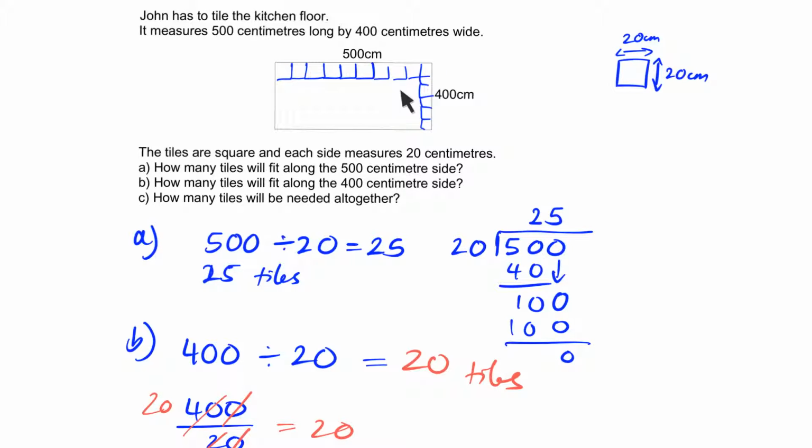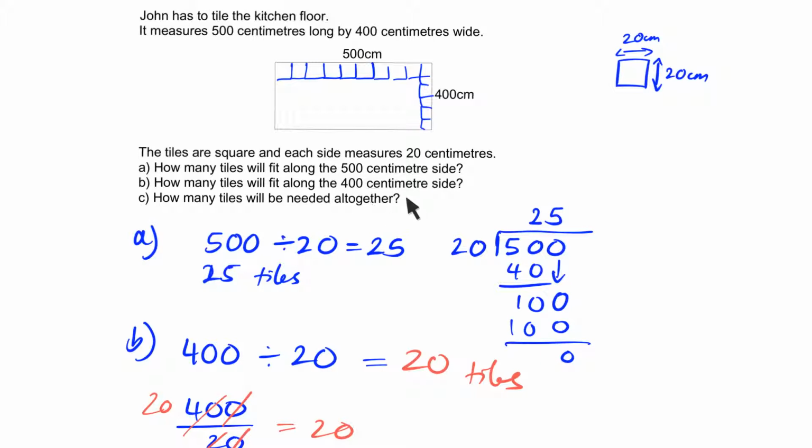It is simply 25 times 20, and that will give me the total number of tiles. So C is 25 times 20, which is 2 times 25 is 50. Add the 0, that's 500 tiles needed all together to cover the entire floor.